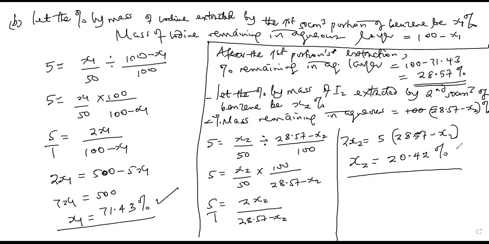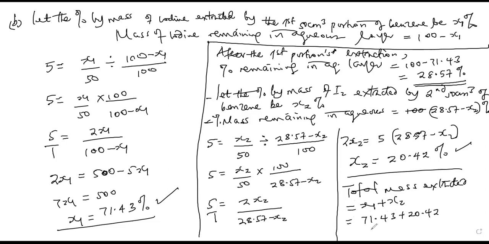The first extraction gave us this. The second extraction has given us this. So if we need the total mass of iodine extracted by the two portions, it will be equal to X1 plus X2, which is going to be equal to 71.43 plus 20.42, and this is going to give us 91.84%.